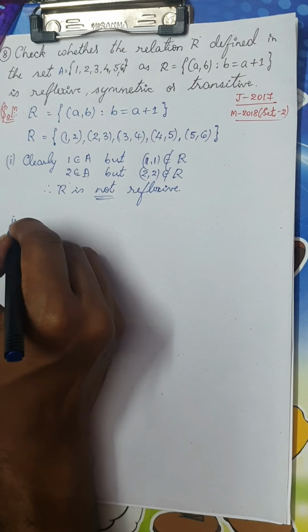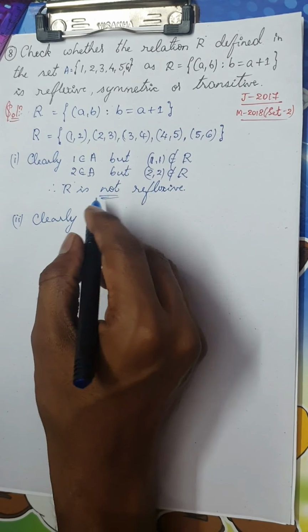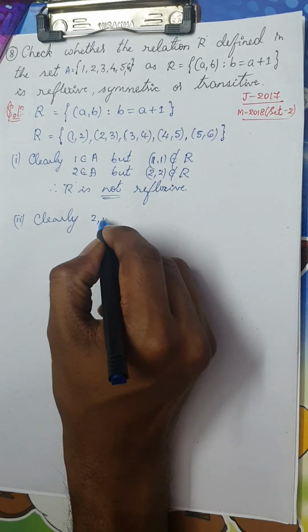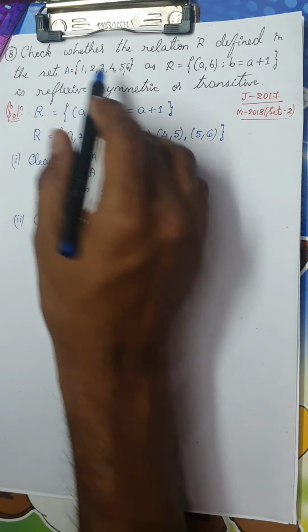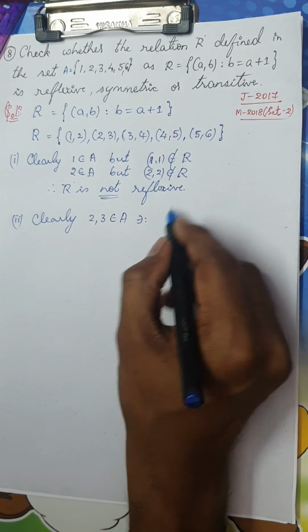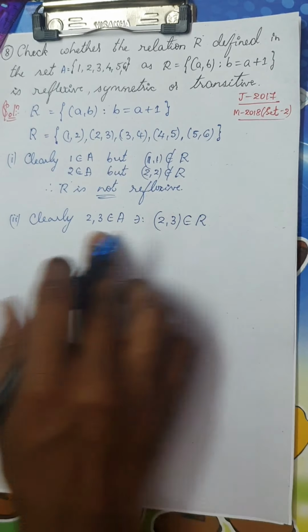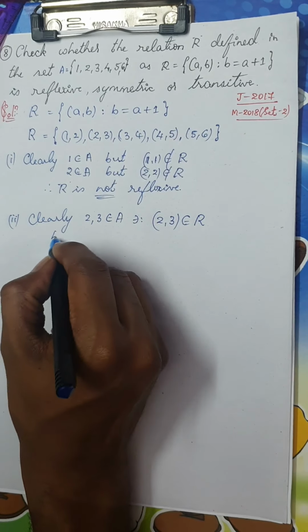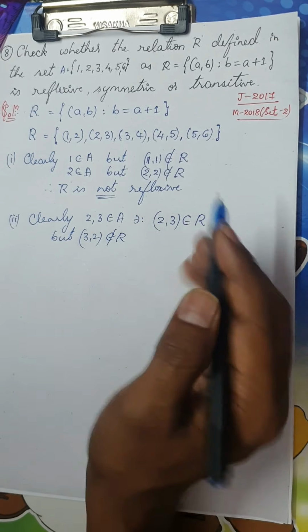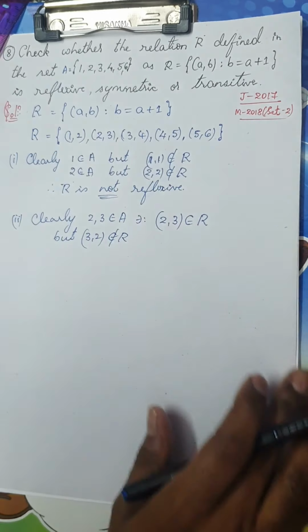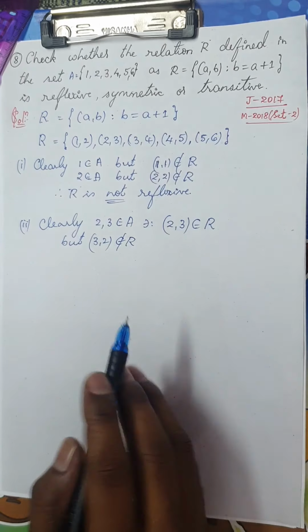Going on to the second one. Clearly, or again you can say, let me say (2, 3) ordered pair belongs to R. There is (2, 3) belongs to R, but (3, 2) is not in R. You can take any pair, it is not symmetric, because (2, 3) is there, (3, 2) is not there, (3, 4) is there, (4, 3) is not there.